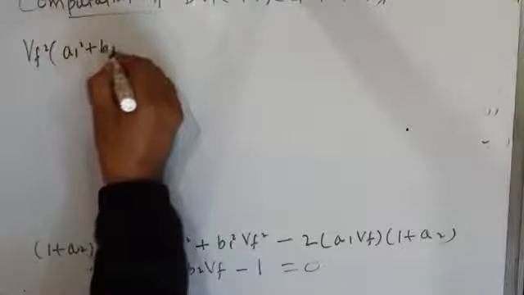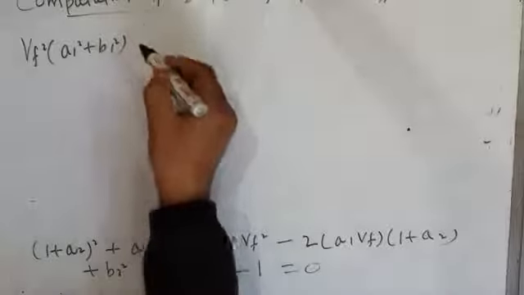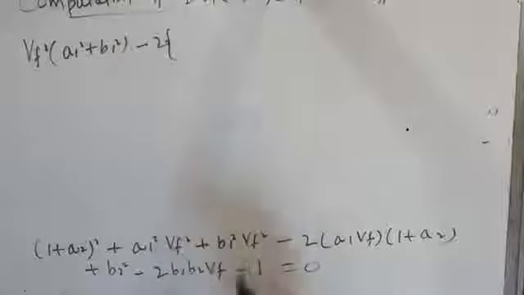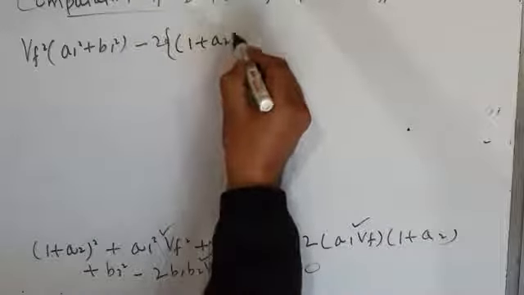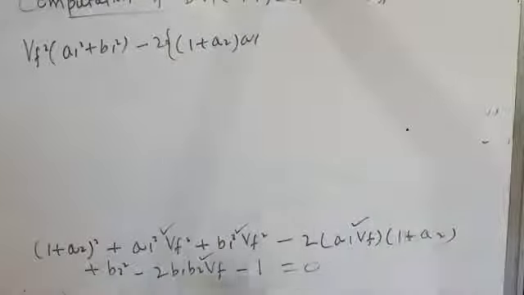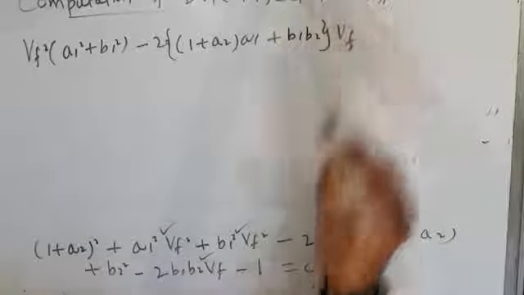Then minus 2, I take out, and the VF terms are these two, so from both of them I take 2 out. What I get inside is (1 + A2) into A1, plus B1 B2, because 2 is also out, minus 2 I have taken out, into VF.